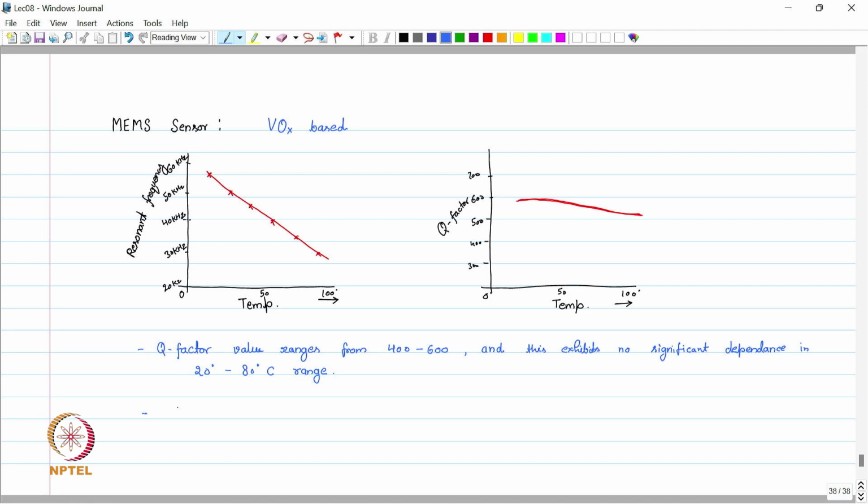So as we can see in the first graph, there is a linear shift in the resonant frequency with the temperature change, which can be used for temperature sensing applications.